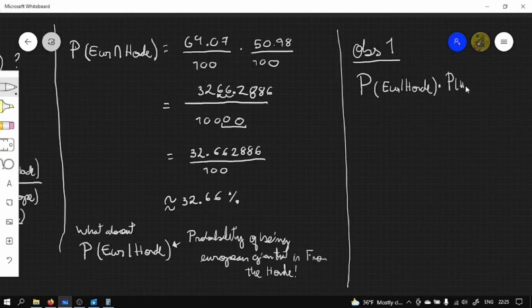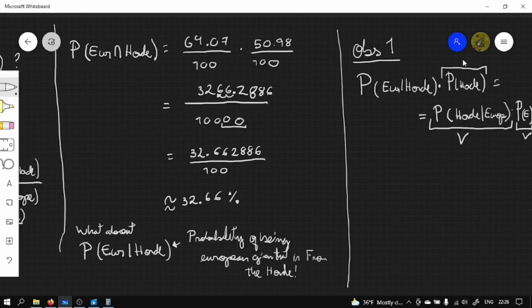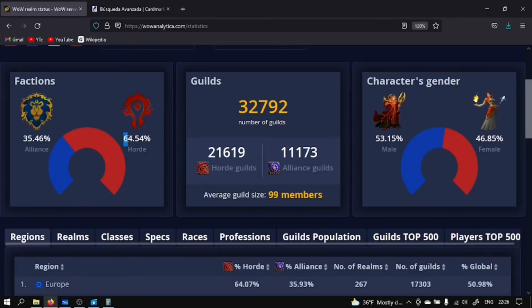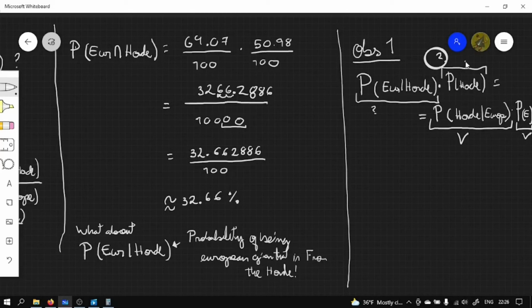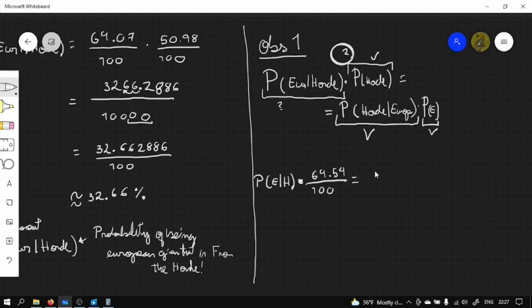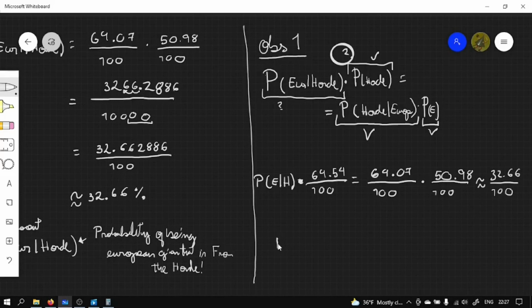These two have to be equal, and we have this element, but not the other one. So we go to the web page and we find the probability of being in the Horde, which is the one that we needed. We fill in all the numbers. And we get the probability.